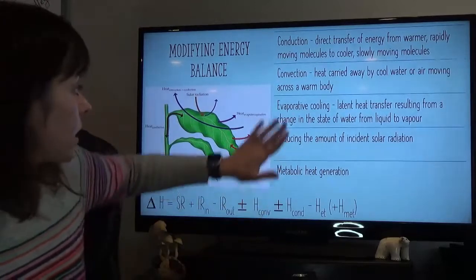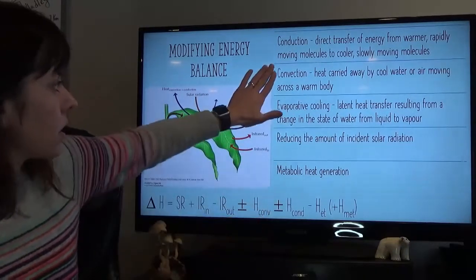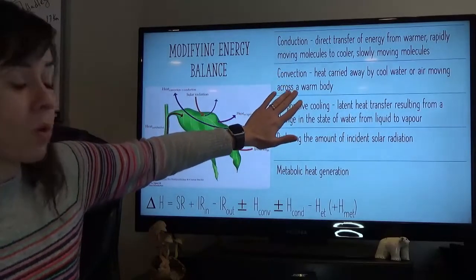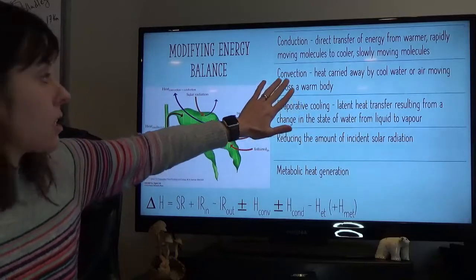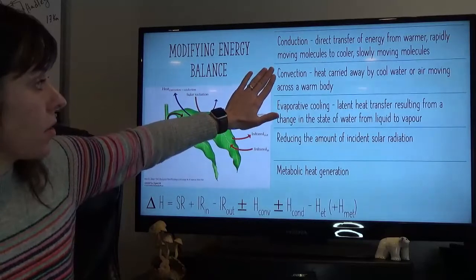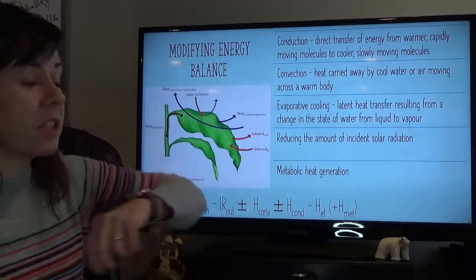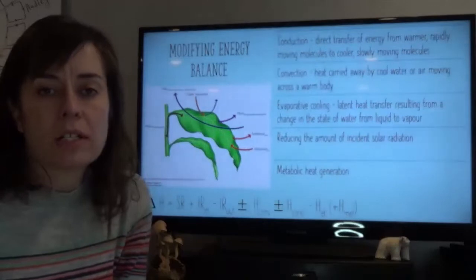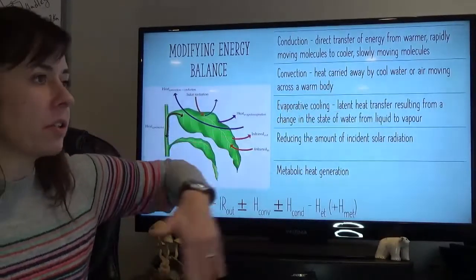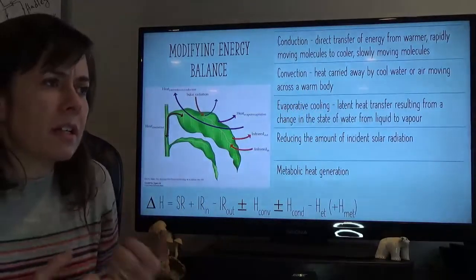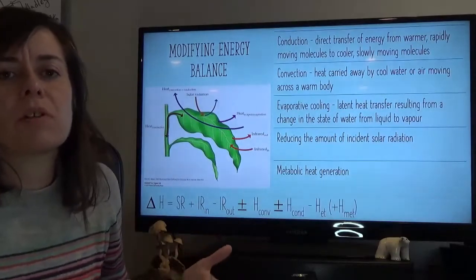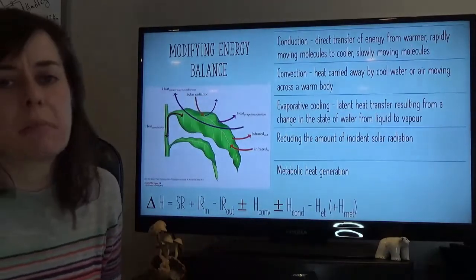Okay, so next we have convection, which is heat carried away by cool water or air moving across a warm body. You can think about this when, for example, you're hot and you jump into a swimming pool, or you're hot and in a place without windy conditions, and then you step out into an opening and all of a sudden a nice breeze passes by you.